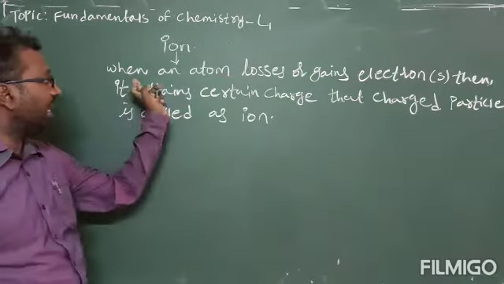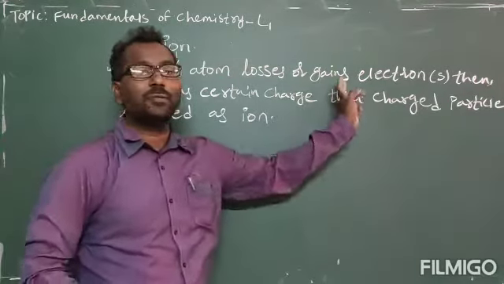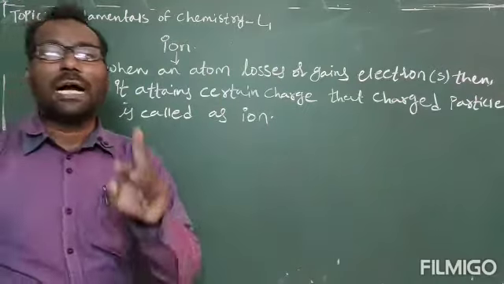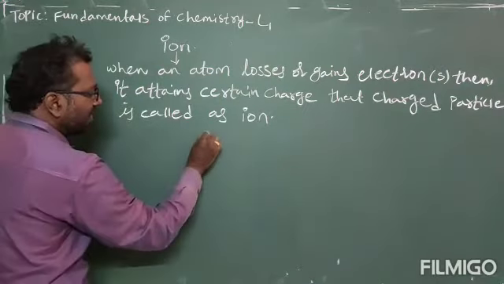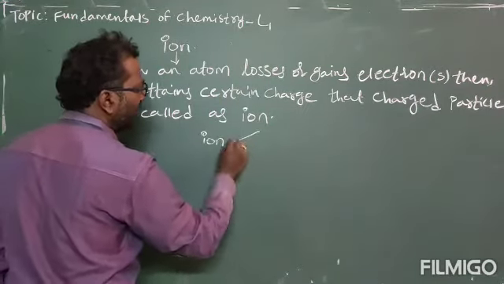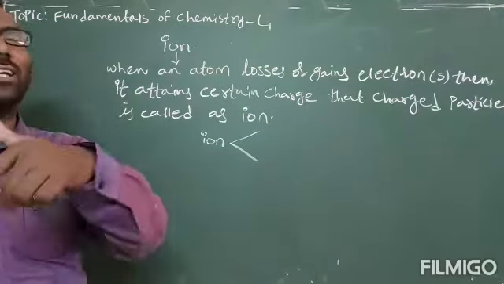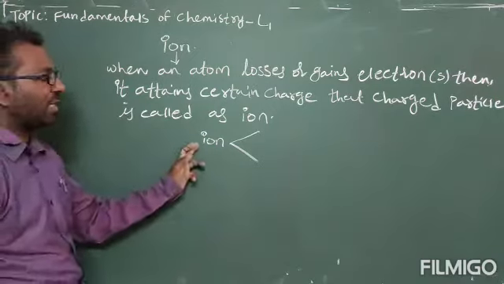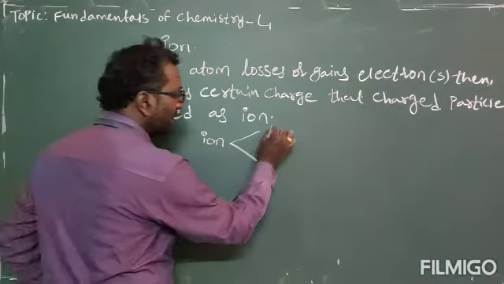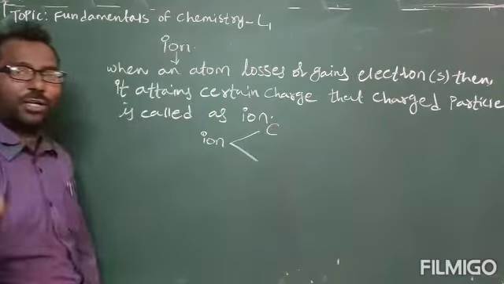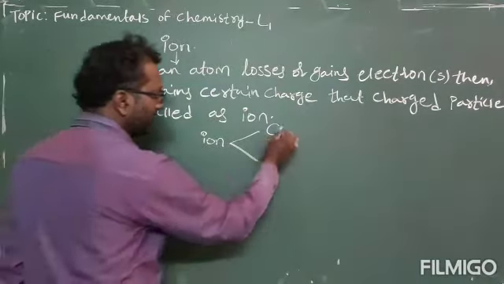See, now when an atom loses or gains, ions are again two types. When it loses, it will have one name. When it gains electron, it has one name. So ions are of two types. You listen and observe carefully the way I am writing.